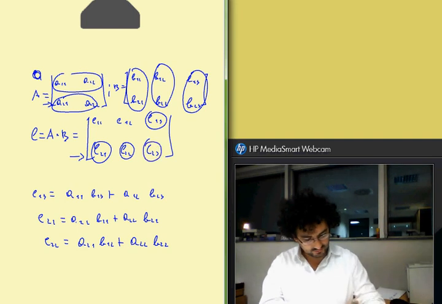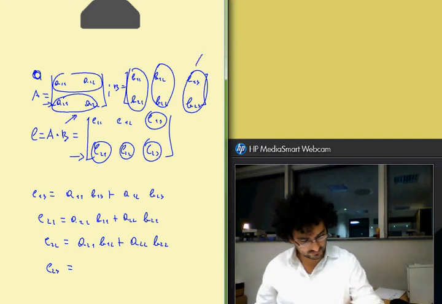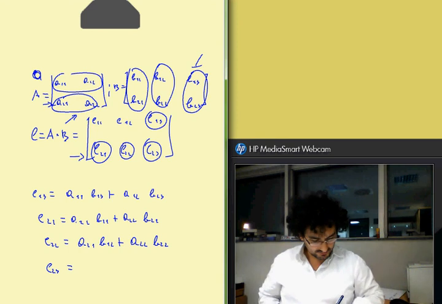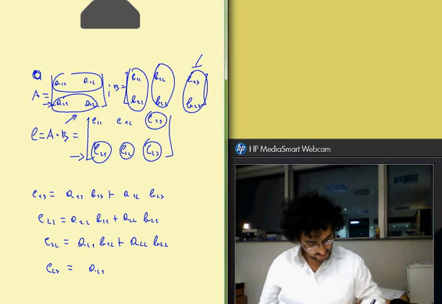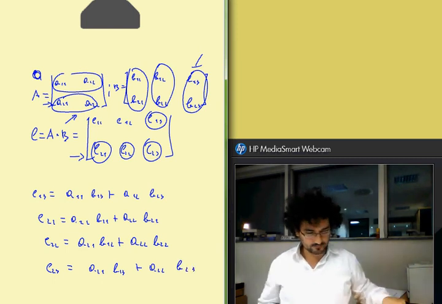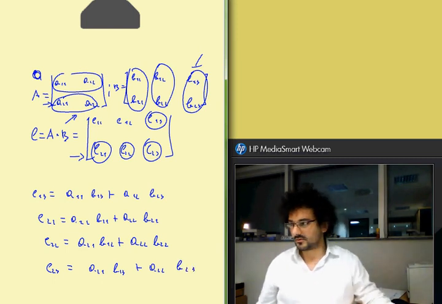Finally, C23 will be equal to the second row and considering the third column of matrix B. So it will be equal to A21 multiplied by B13 plus A22 multiplied by B23. And now we can try to do an example.